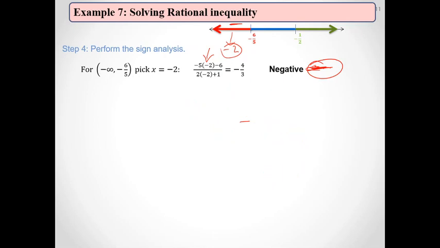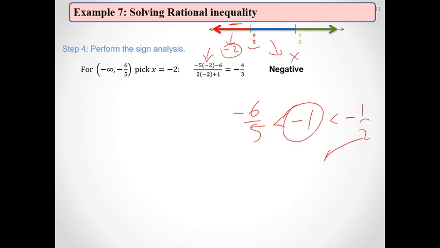Then pick another number. What can you pick between them? It's hard to find a number. What can we do? How about taking something like, is -1 bigger than this and less than this? Yes, it's better we pick x equal to -1.